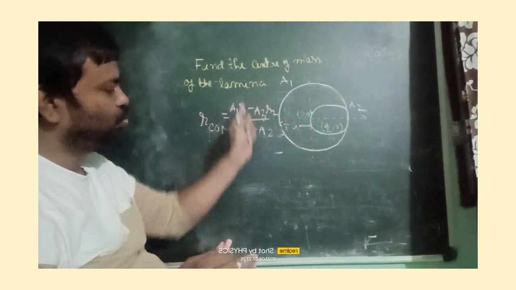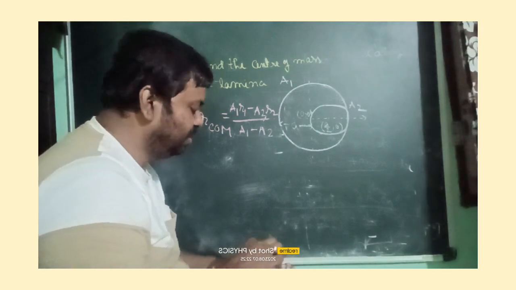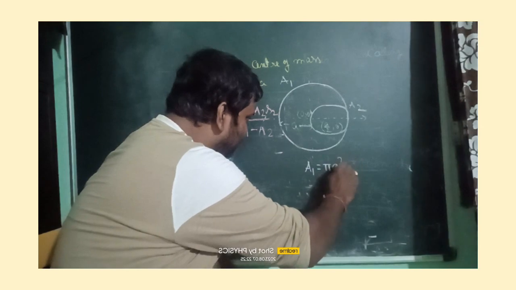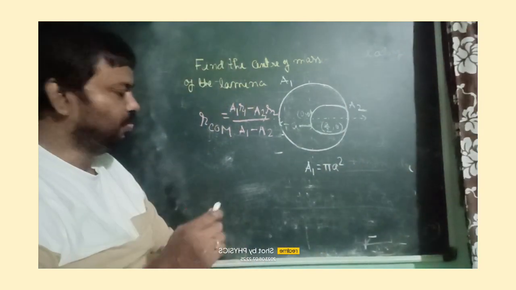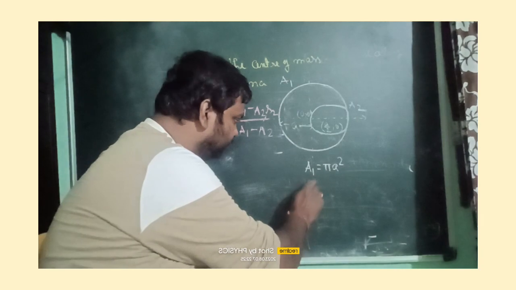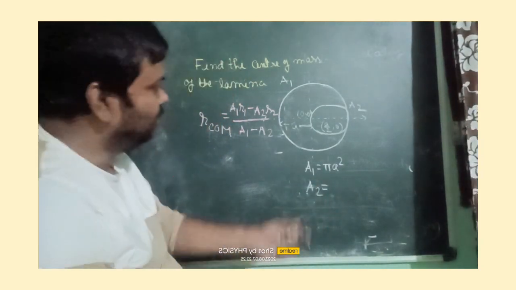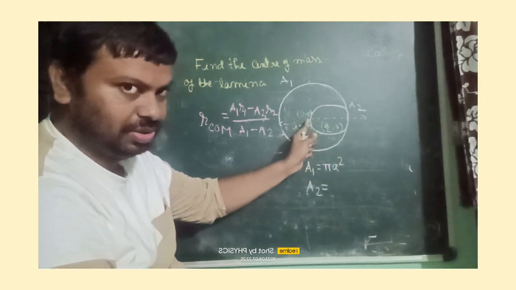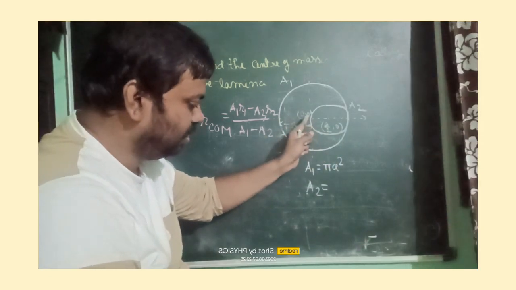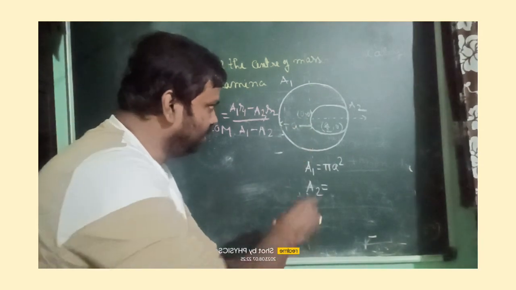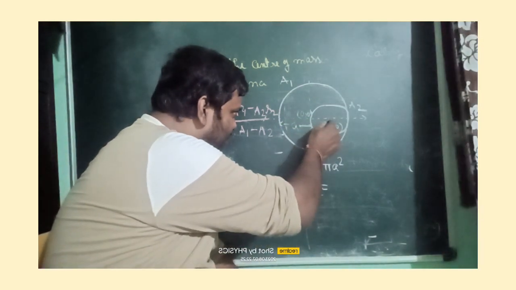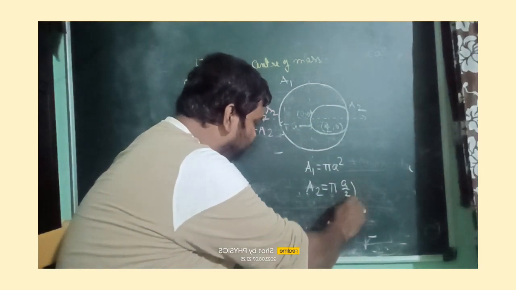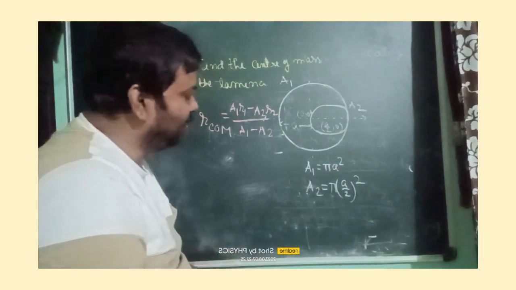A1 is the area of the total lamina, so A1 is equal to pi A square. Now for A2, the radius is A by 2, so we can write pi into A by 2 whole square as the area.